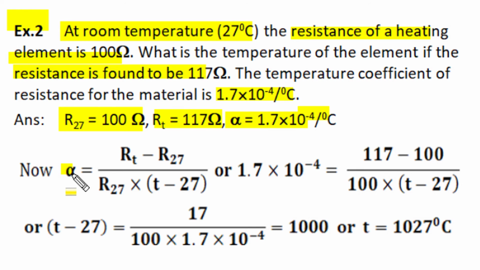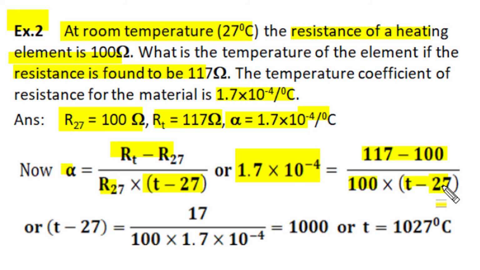We know TCR is the change of resistance per unit of initial resistance per degree of temperature change, and here TCR is given as 1.7 into 10 to the power minus 4 per degree Celsius. The hot resistance and cold resistance difference is 17 ohm, cold resistance is 100 ohm, and we have to find out the hot temperature, whereas cold temperature is 27 degrees Celsius.